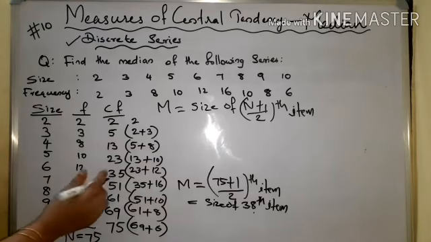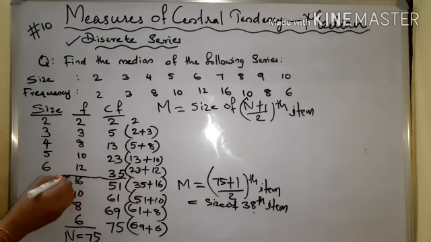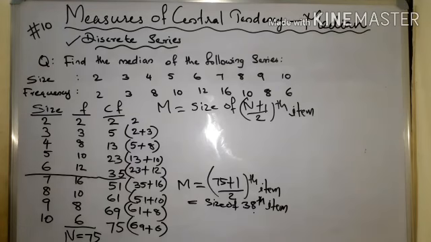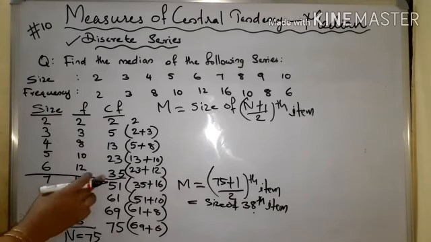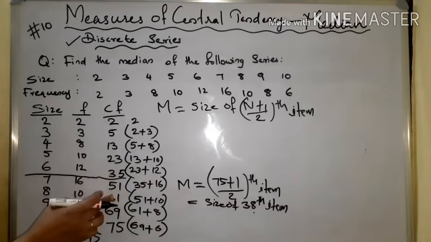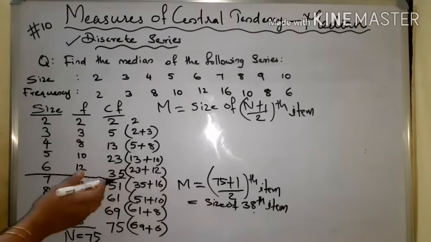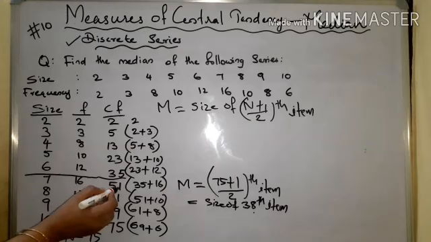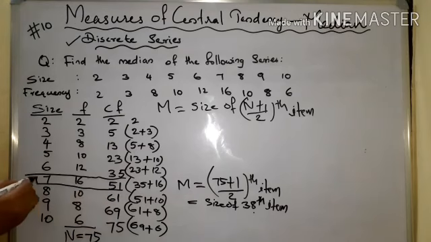Till 35 is representing this, the sixth size, whose value is 6. Then we need the 38th item. The 38th means after 35 here. Then 36 to 51 is represented by this cumulative frequency. So we need 38, so the 38th value is definitely representing this size.